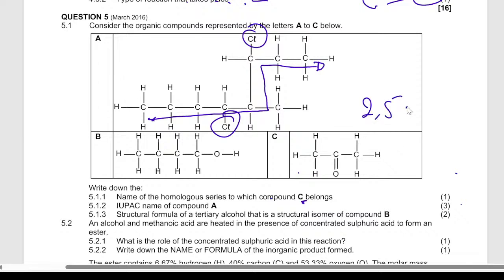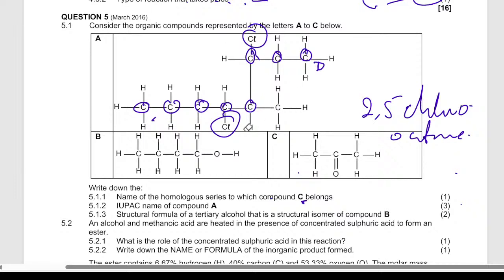2,5 chloro octane. Okay, let me find out. It's one, two, three, four, five, six, seven, eight. You wrote 2 in.